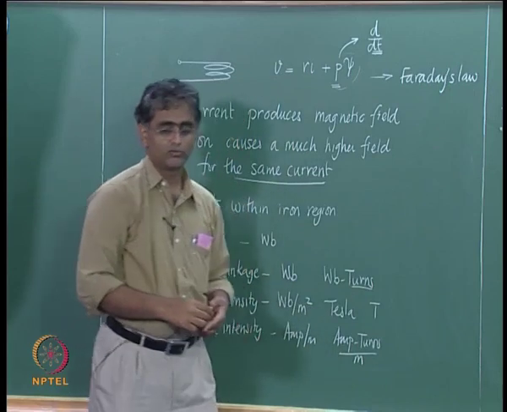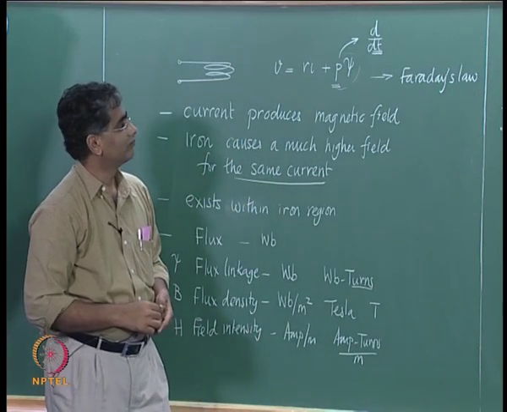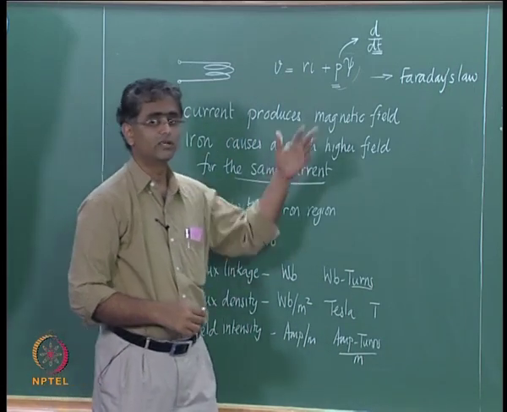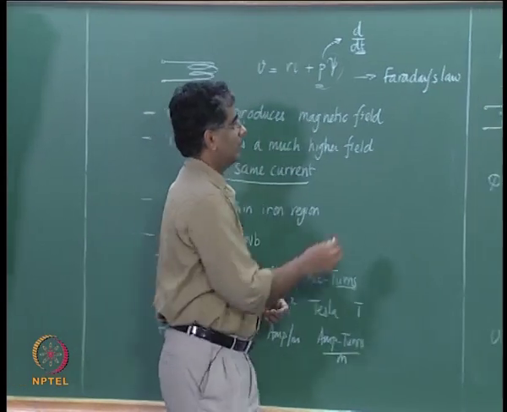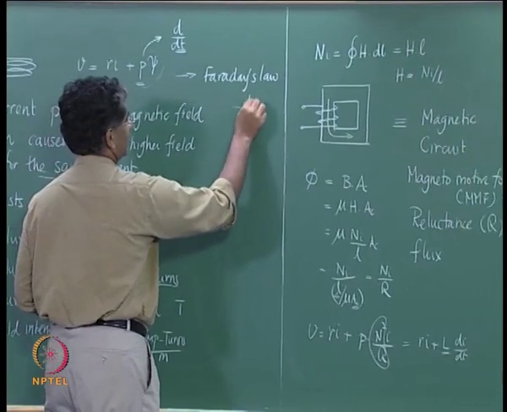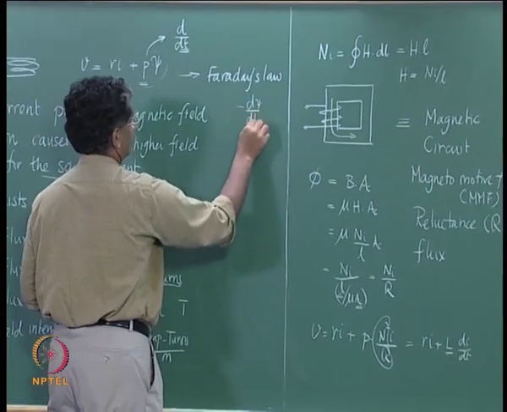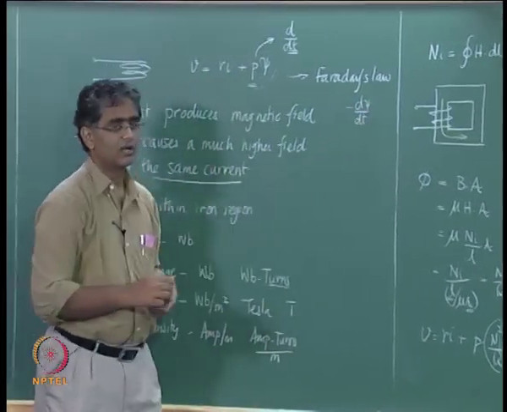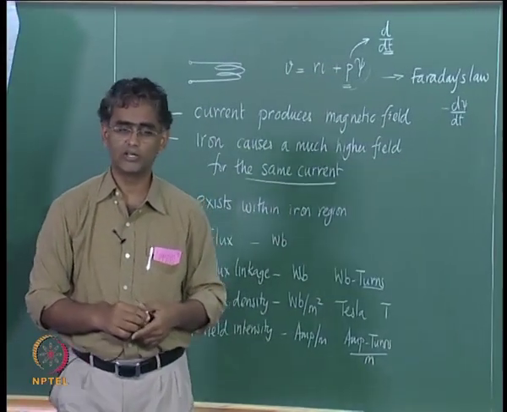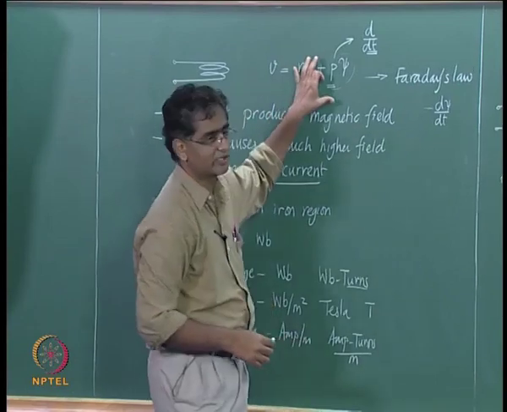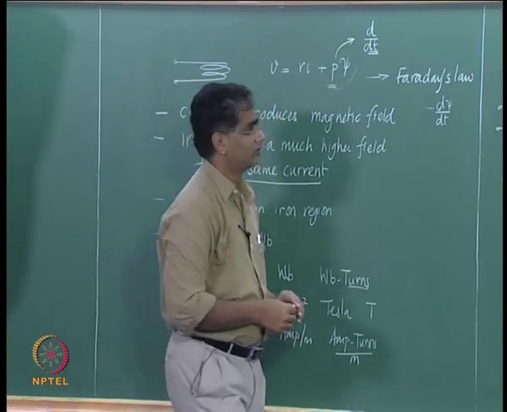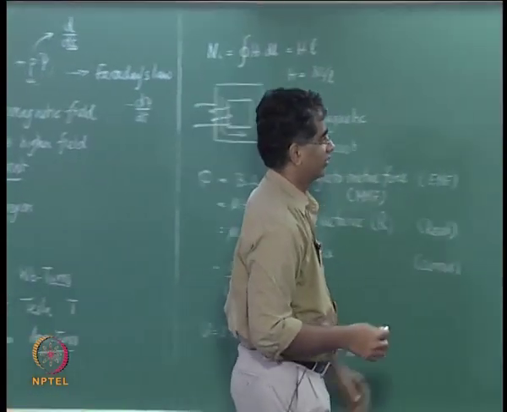And maybe some of you already have the doubt, well, this law says that the EMF induced is equal to minus d psi by dt. How come this equation says Ri plus d psi by dt? So let us understand this now, because we will be using this expression again and again. So let us understand this in a little more detail.